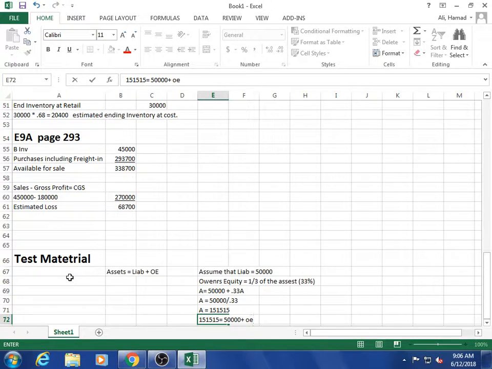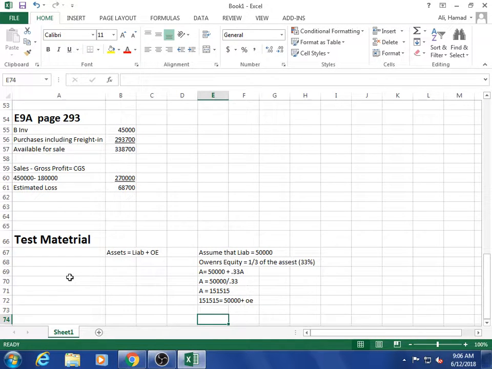Isn't that easy? That's how you solve that question. This is an application of the balance sheet formula and, at the same time, your cognitive ability, the application of algebra.